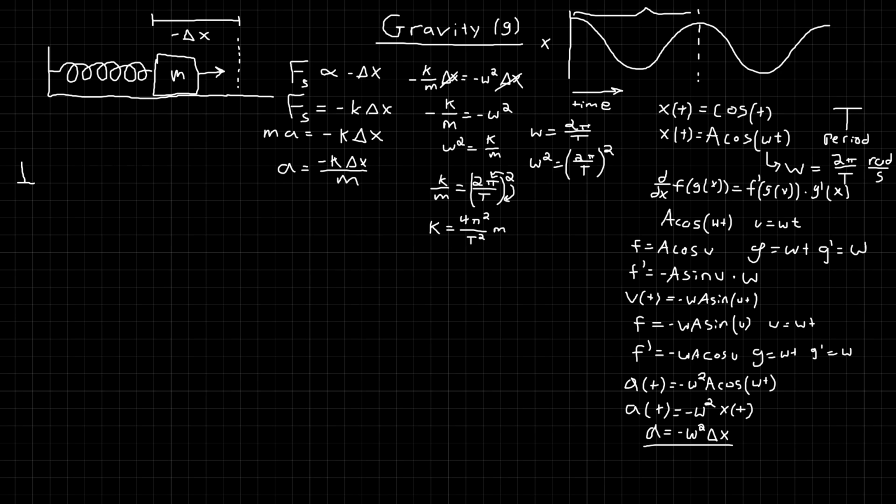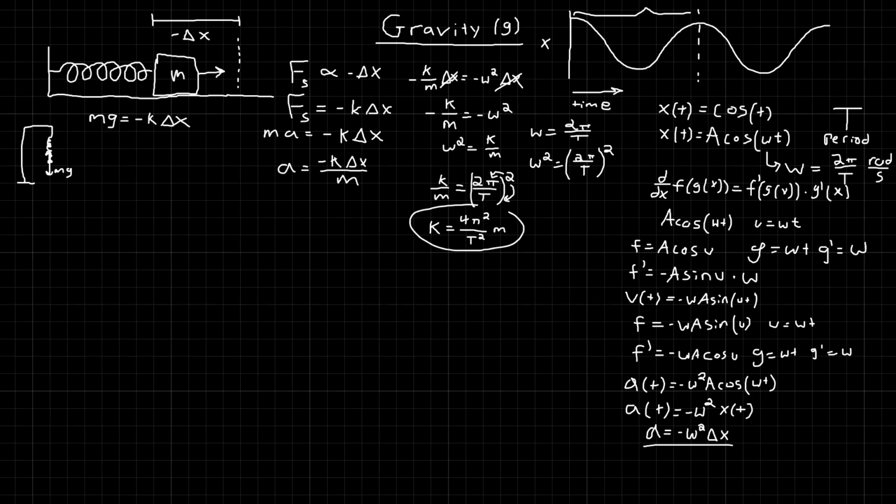So now if we think about the situation of the spring that we had in the lab, it is not horizontal like how we drew earlier, it's actually going to be vertical. So with this vertical spring, this force of weight is going to be mg. So instead of the ma that we used here, we can use mg. So mg is going to be equal to negative k delta x.